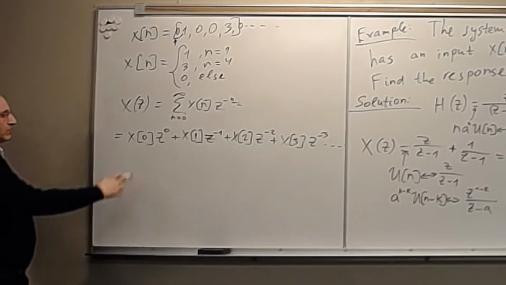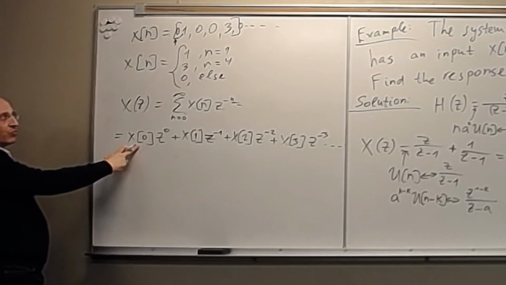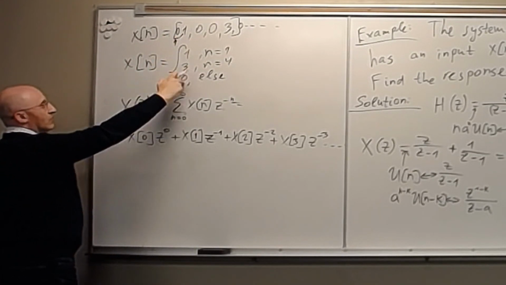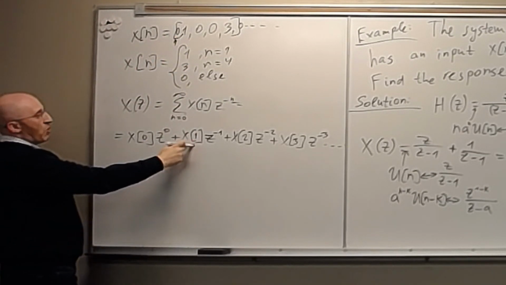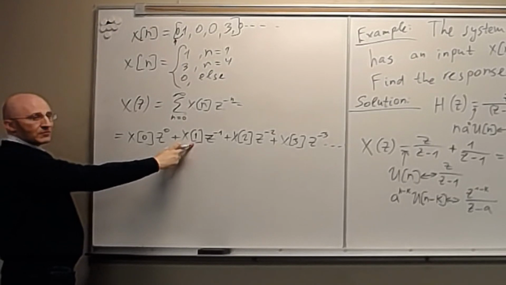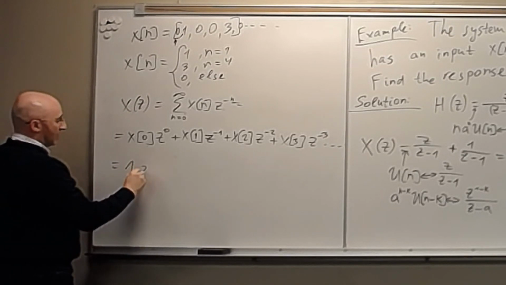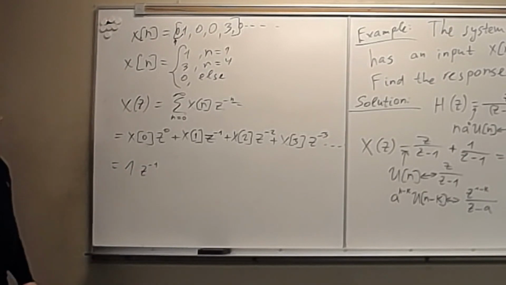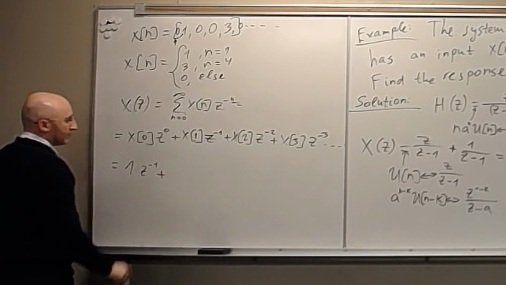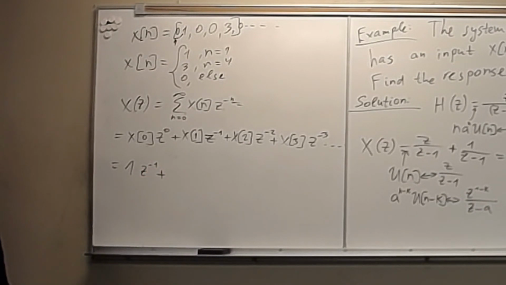Now, x0 is 0, right? It's given here. Nothing. x1 is what? So it equals 1 times z to the minus 1. What is x2? x2 is 0.